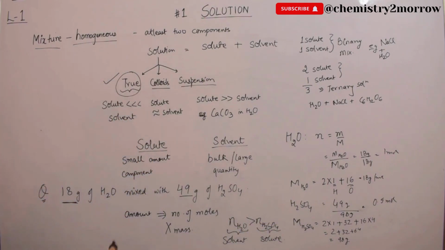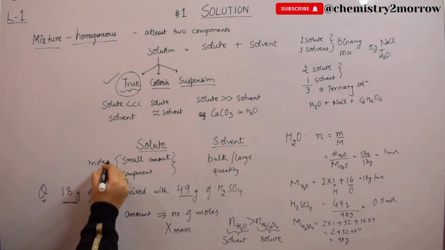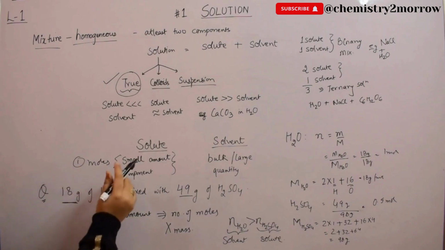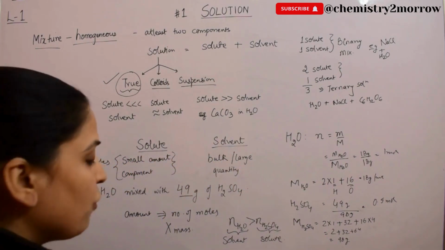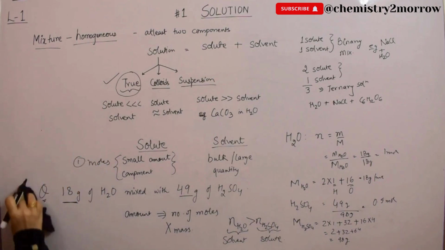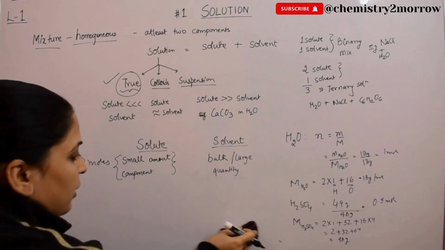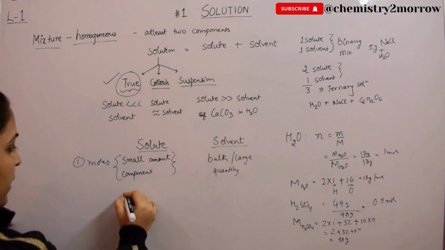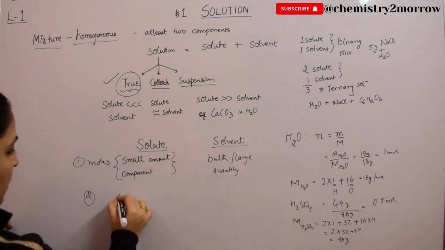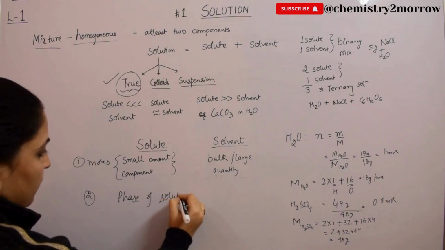Alright, so here the amount we are talking of is in terms of moles. So this is one of the points that classifies a solute and solvent depending on their amount or number of moles in a solution. Now the second factor that classifies the components in terms of solute and solvent is the phase. Phase of solution.